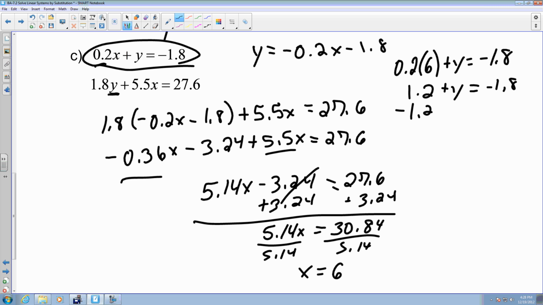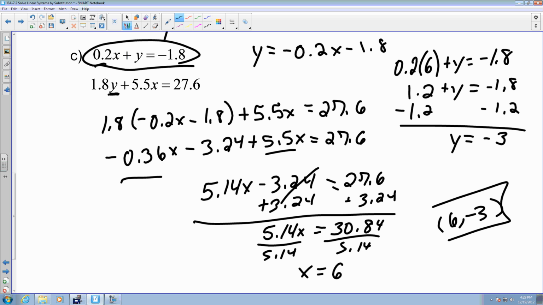If I subtract 1.2 from both sides, y equals negative 3. So that means that the coordinate where it intersects is 6 comma negative 3.